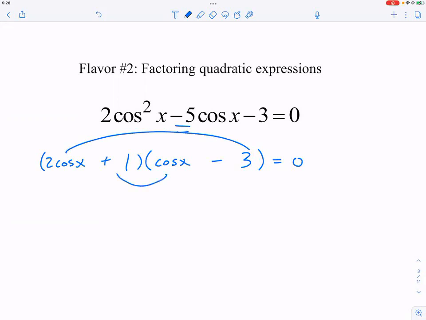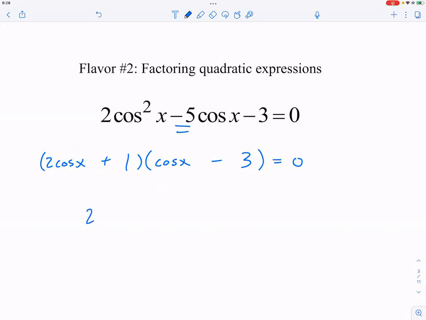When you do the inside, it will give you plus cosine x. So -6 cosine x plus cosine x would give you -5 cosine x. So how ready are you to process the FOIL process, to visualize the FOIL process mentally, and then verify that it is the correct combination.